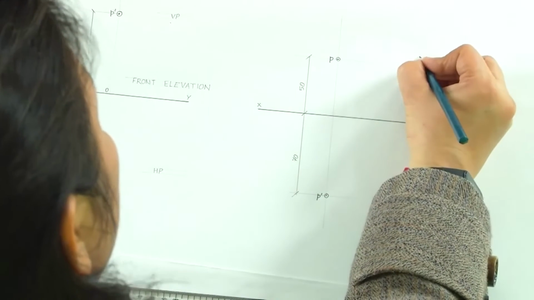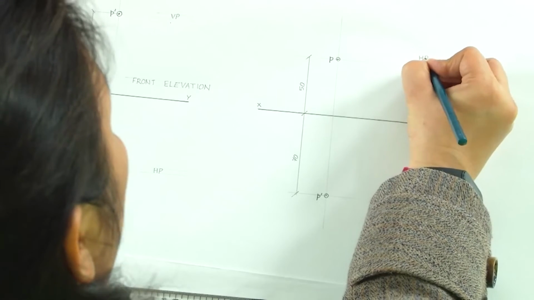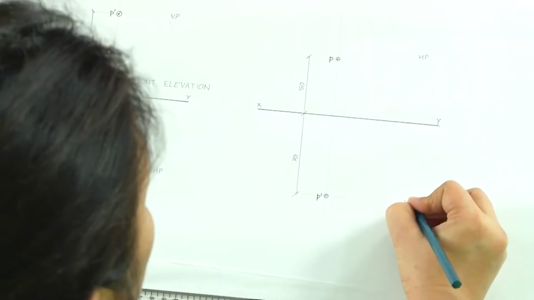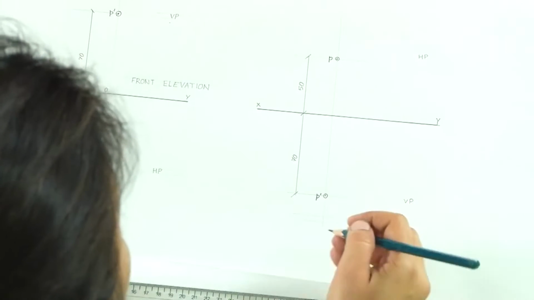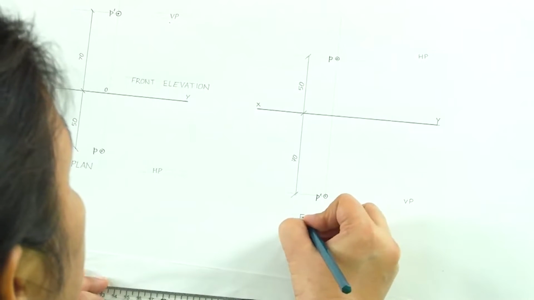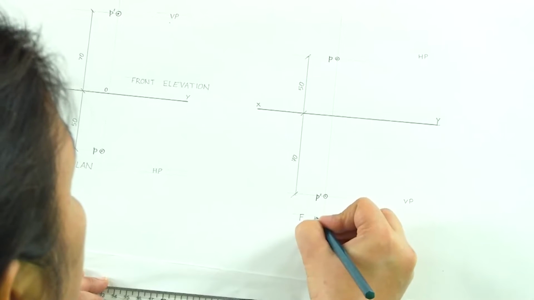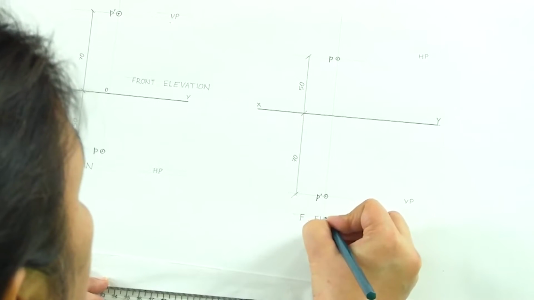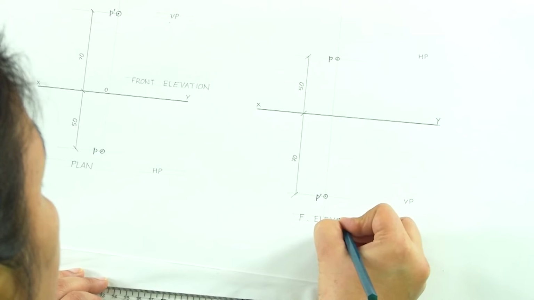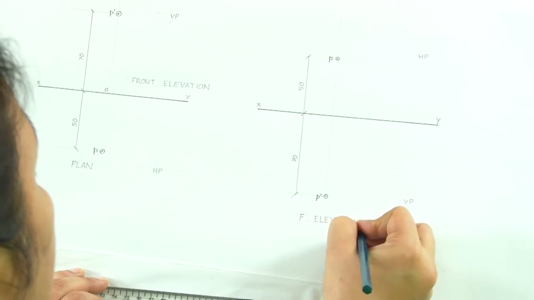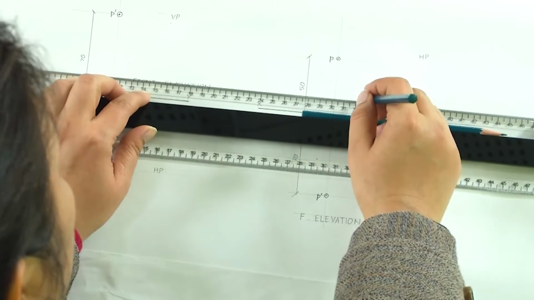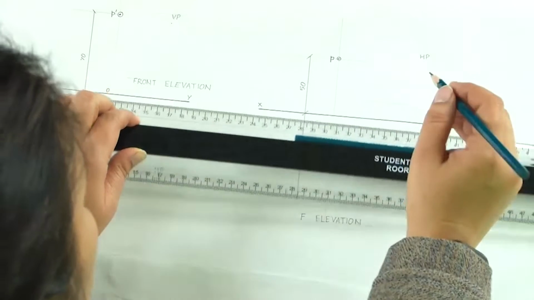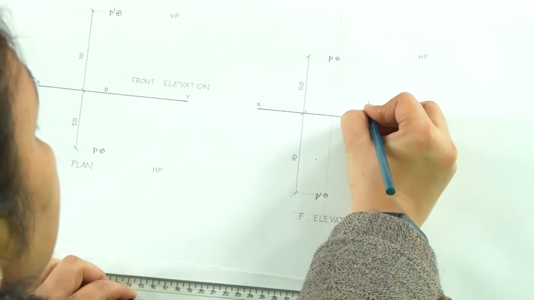So now here we are seeing HP in the top and VP in the bottom, and this is the front elevation. So we have the front elevation in the bottom and we have the plan in the top.